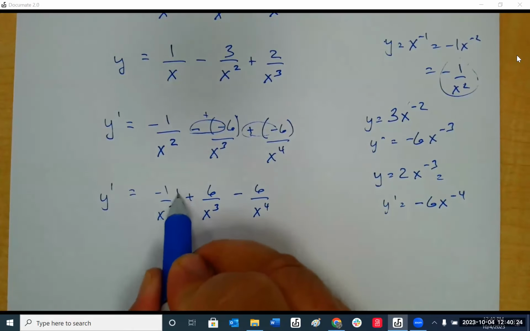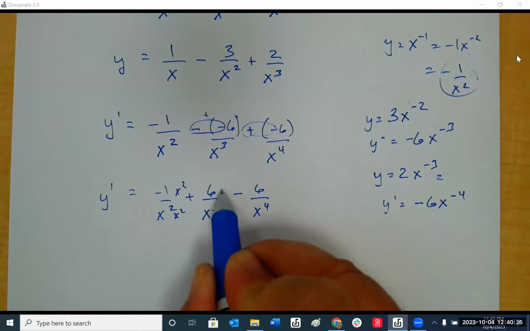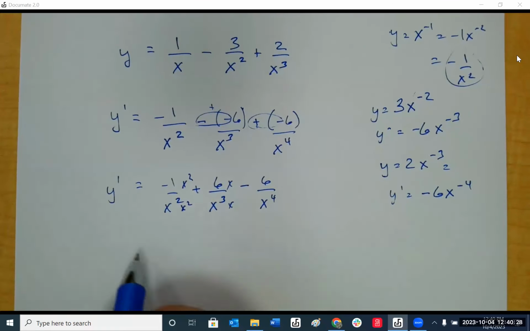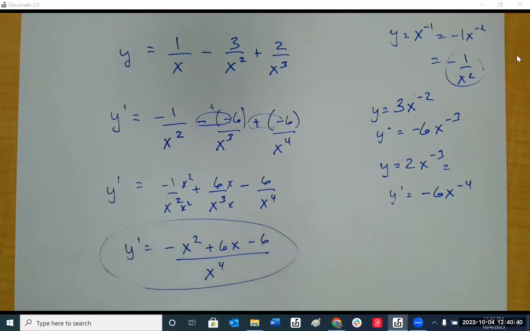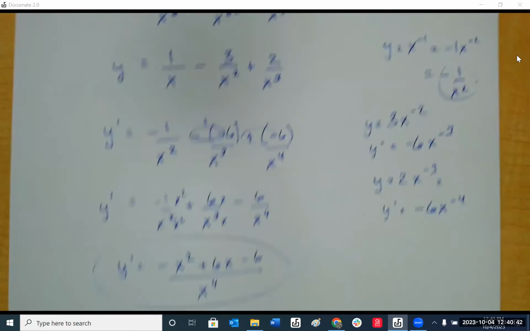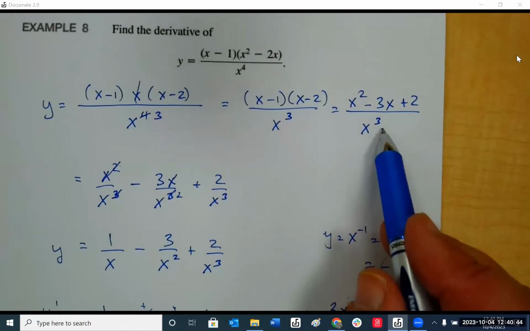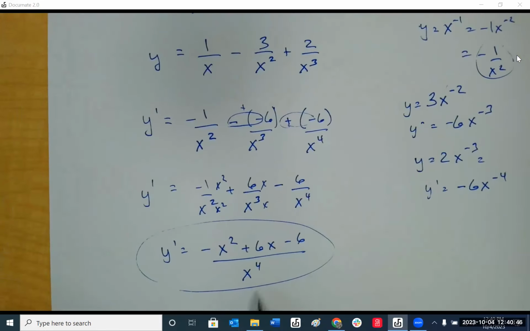Yeah, so this one's just missing 2 more x's. This is just 1 x. So -x squared plus 6x minus 6 over x to the 4th. Well, remember, we start off with x to the 3rd, so we know our denominator has to be x to the 4th.